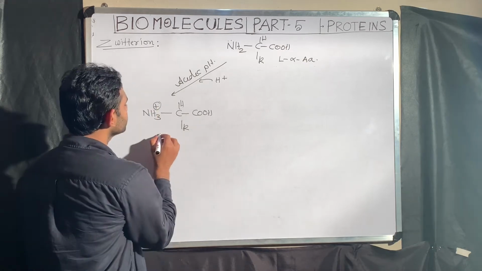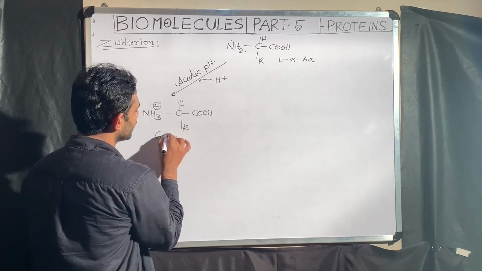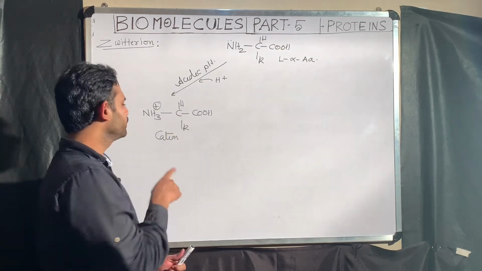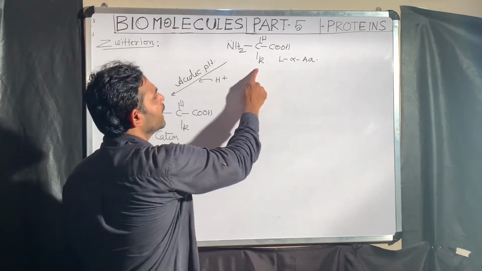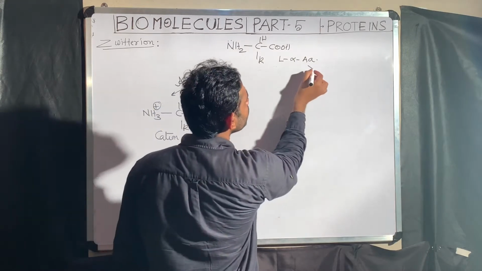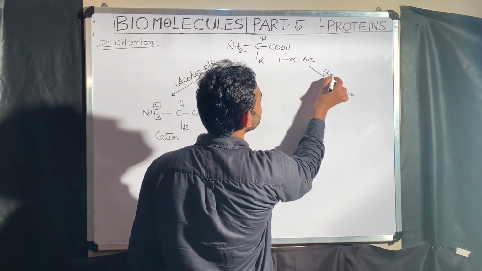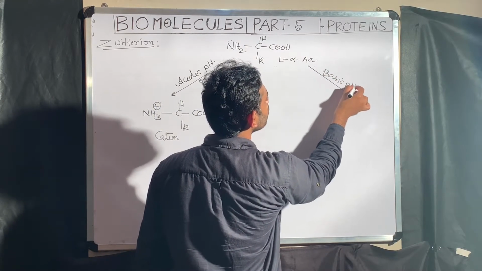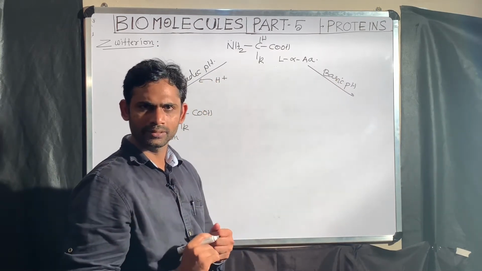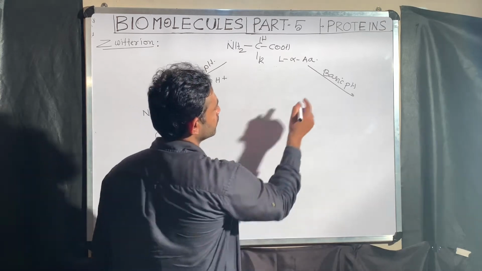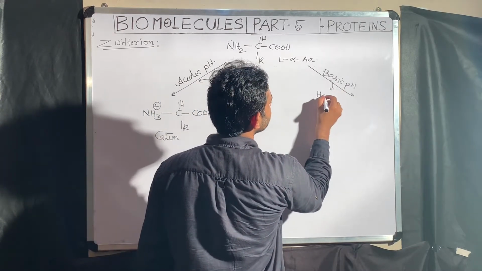This positively charged molecule we call a cation. Why? Because it moves towards the cathode in the electrical field. Same amino acid, instead of acidic pH solvent, you can place in the alkaline pH solvent, where H plus ions are less or OH minus ions more. So here H plus ions are less.